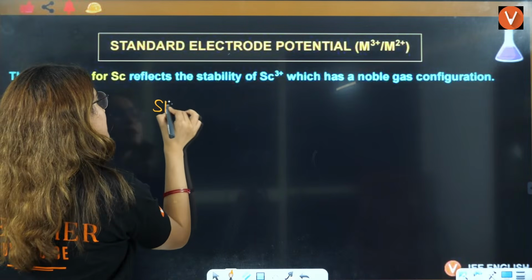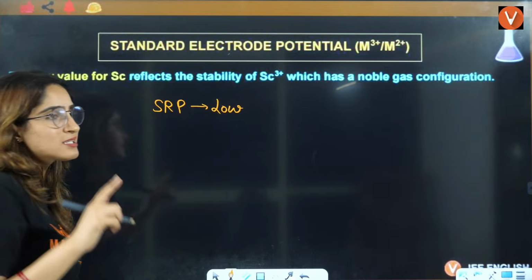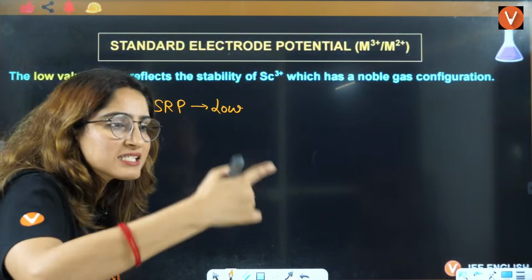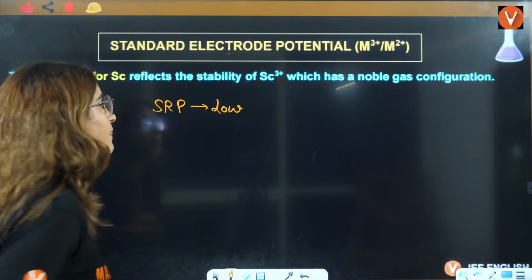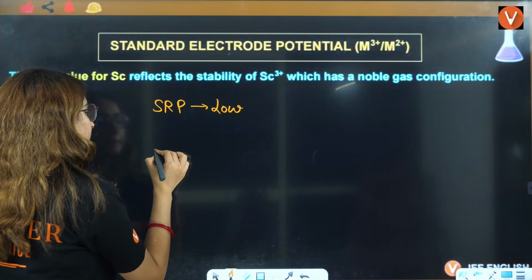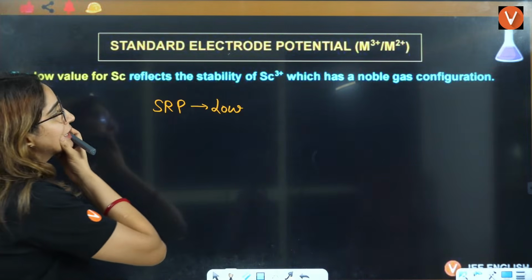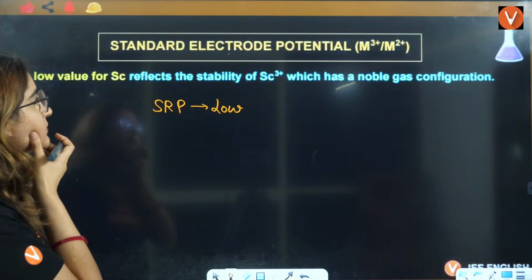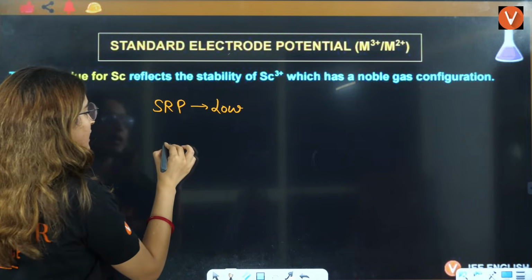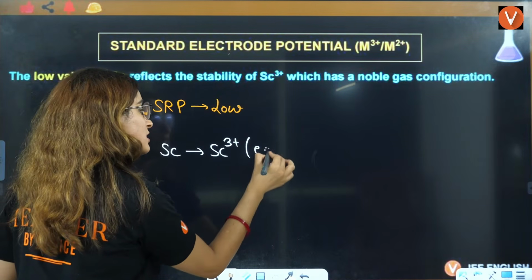See, if the standard reduction potential is low, that means increasing the oxidation number will be tough. So if scandium has a low value, then we can say scandium to scandium 3+ is easy.